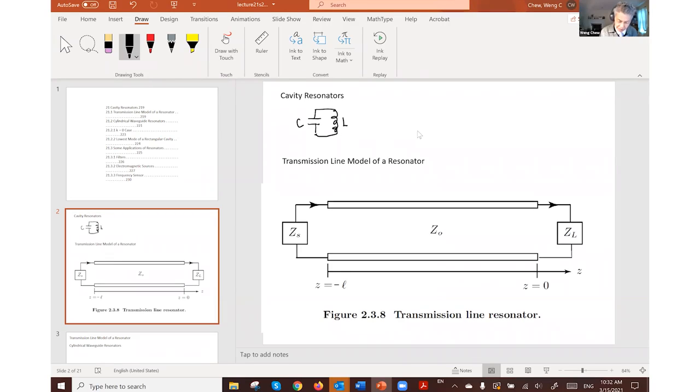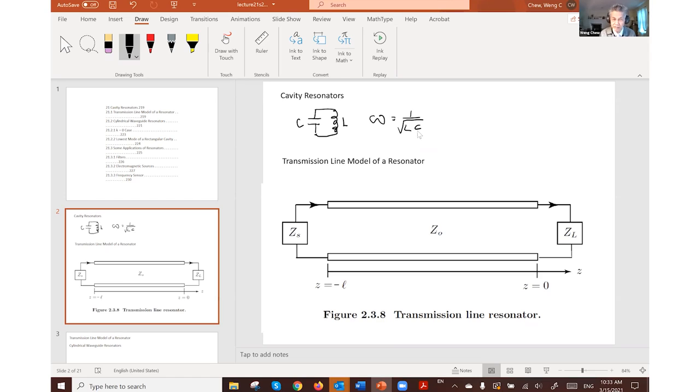When you have an LC tank circuit, there would be certain frequencies at which, I guess you have learned this from your undergraduate days, if the frequency is 1 over the square root of L times C, then the resonator can resonate.